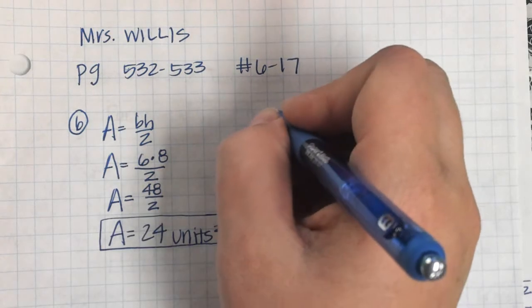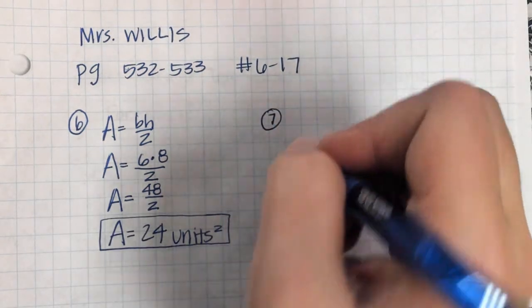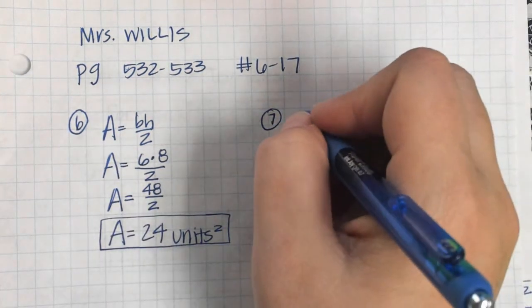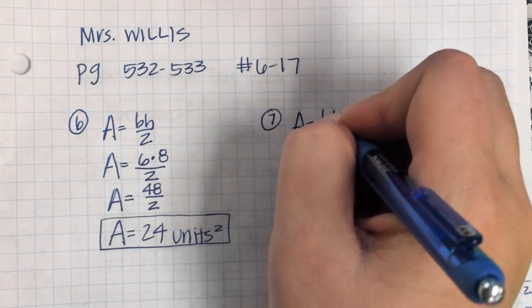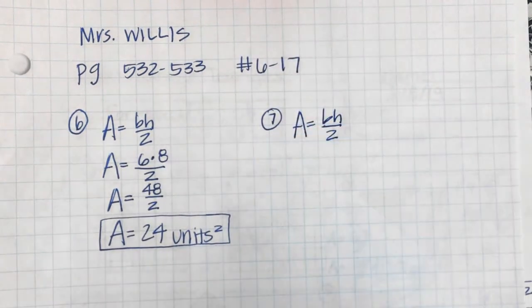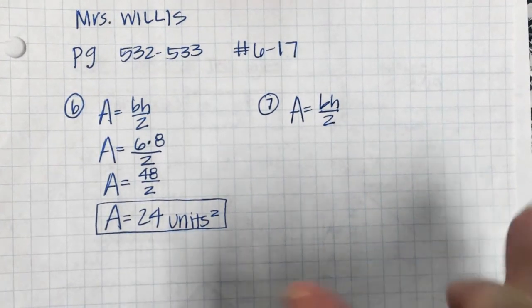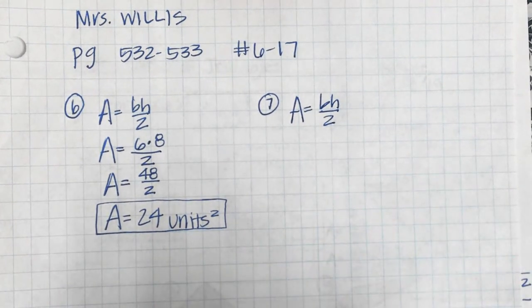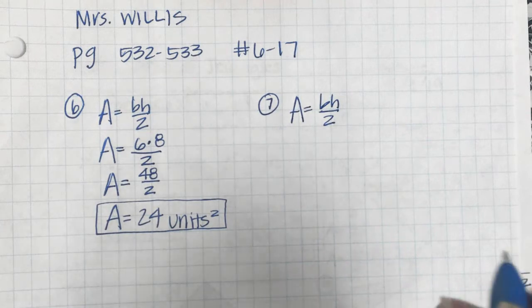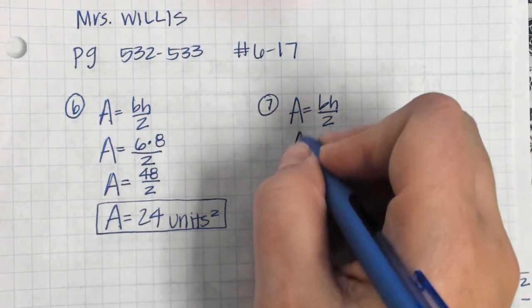Okay, let's look at number 7. Again, the first thing you write is area equals base times height divided by 2. It's another triangle on a grid, I believe, isn't it? Okay, which side would you use as your base? The top. How many spaces is it? 5.